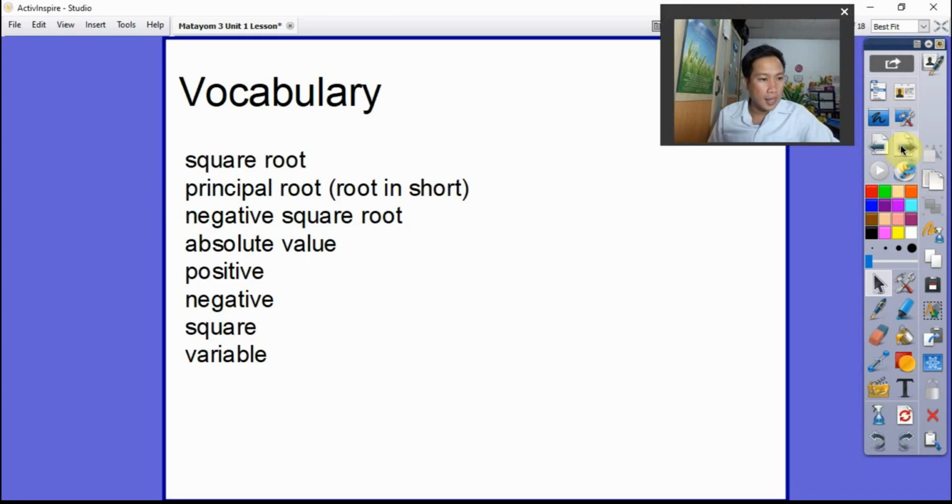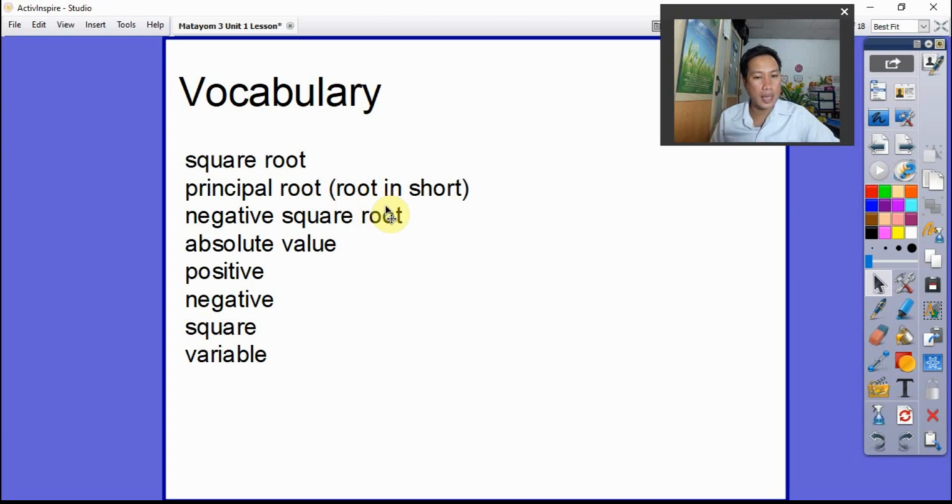Okay, let's have our vocab for today. We have square root, principal root or root in short, negative square root, absolute value, positive, negative, square, variable. Again, let me repeat that. You have square root, principal root.